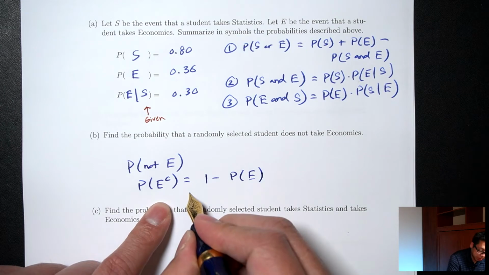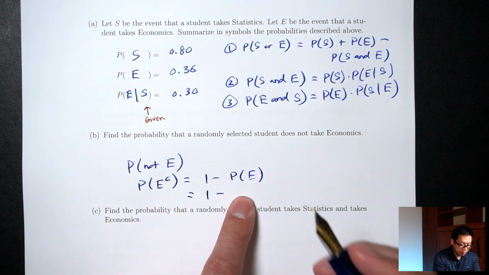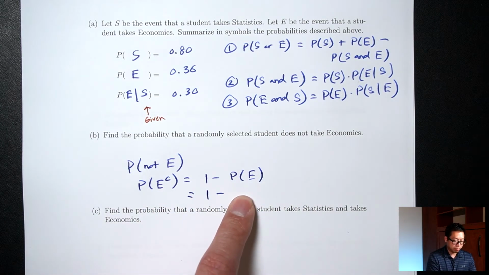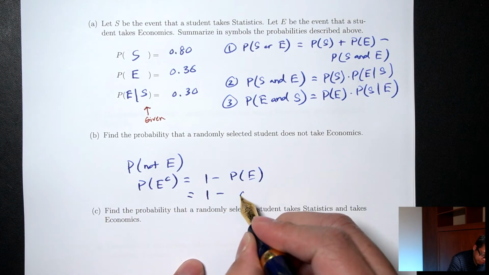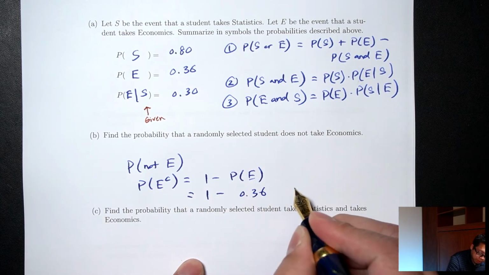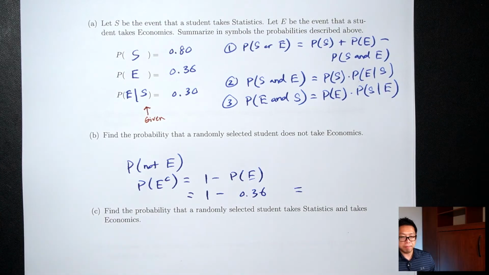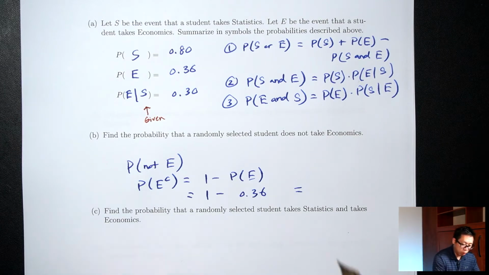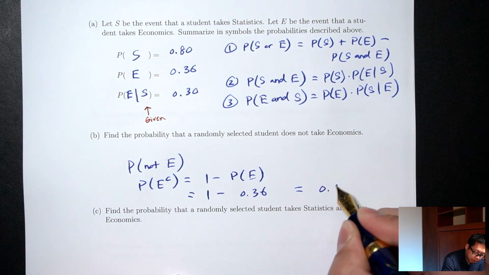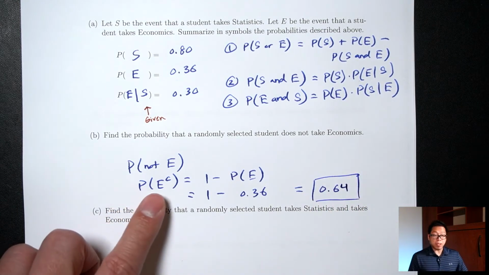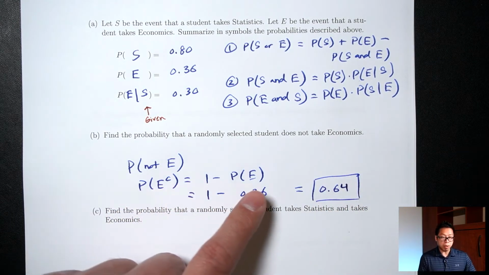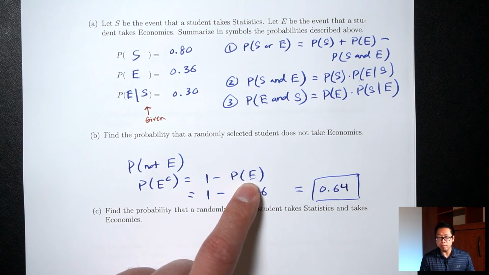So this is just going to be 1 minus the probability of E. What's the probability of E? 0.36. So 1 minus 0.36 is 0.64. To find the probability of a complement, just do 1 minus the probability of the regular event.